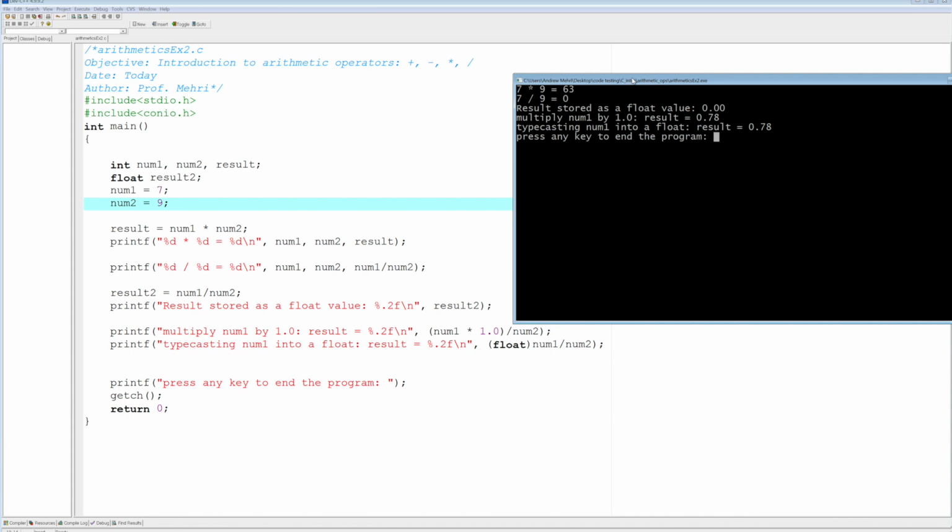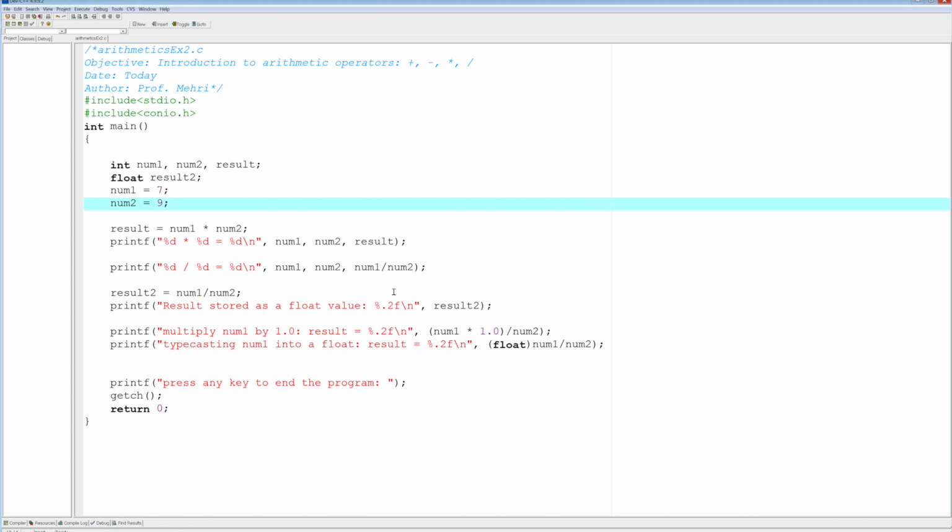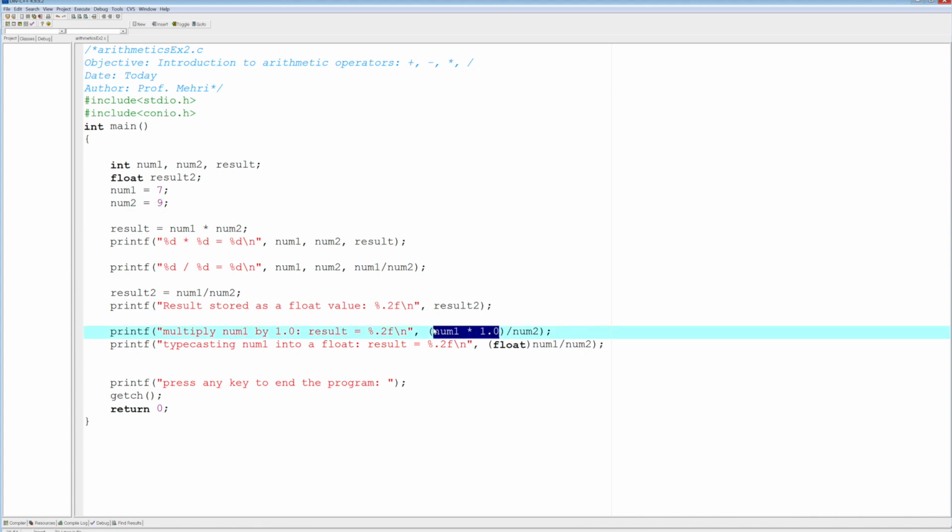There are situations where an integer division is desired. But the workaround, if you really want to get the result of 7 divided by 9, as if you would do it on your calculator, is that one of the members of the division has to be a float. One technique is that if you multiply a float by an integer, you get a float.